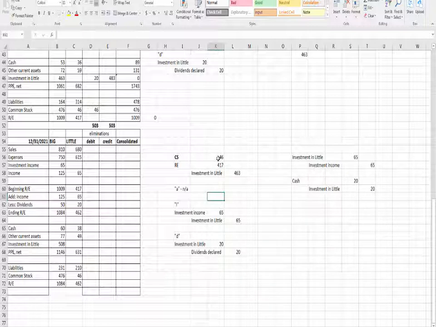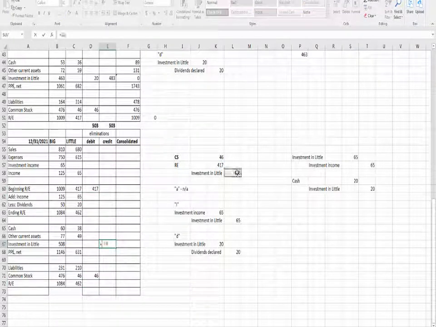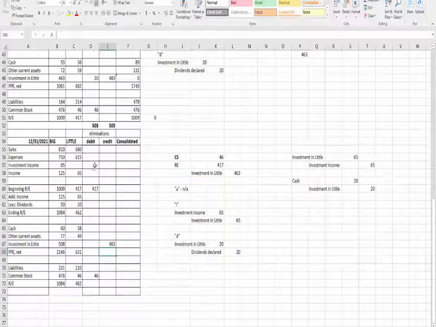Now it's a matter of posting to the worksheet, debits to the debit column, credits to the credit column. So again, common stock, beginning retained earnings, can't stress that enough, and the investment in Little. A debit to investment income, a credit to the investment in Little.